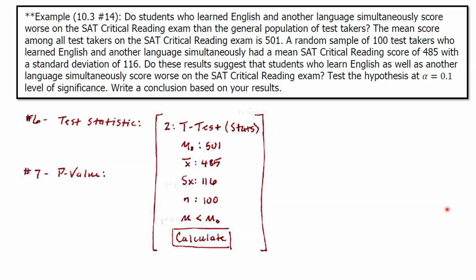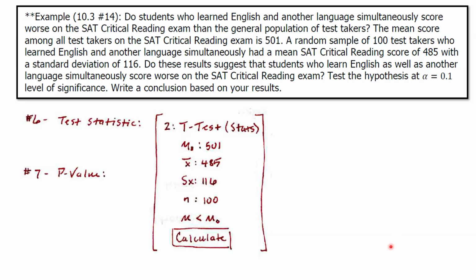Our X bar is going to be 485. That was given to us in the problem, the mean of the SAT critical reading score. All right. Our standard deviation is going to be 116. That's what the S is. Our sample is 100. Okay, and we're testing whether mu is less than mu naught.